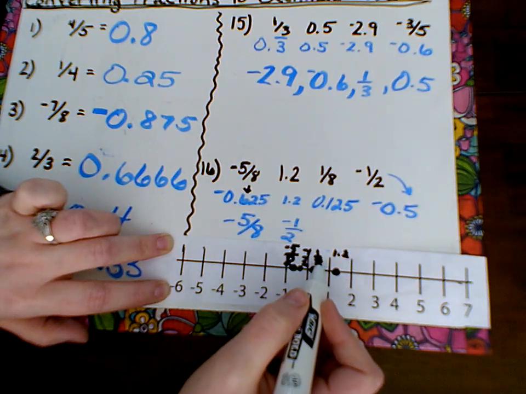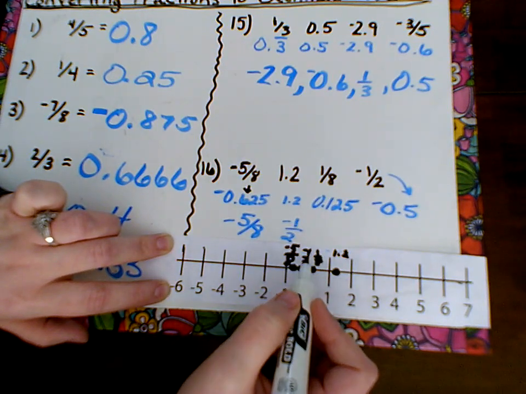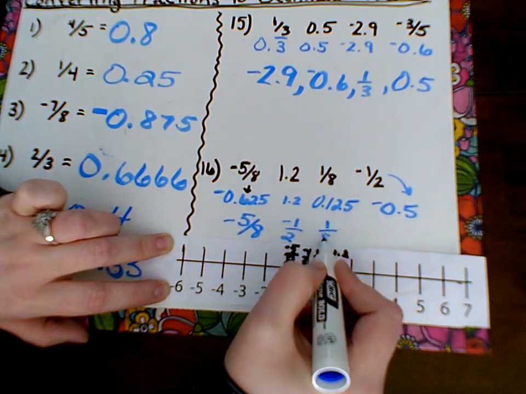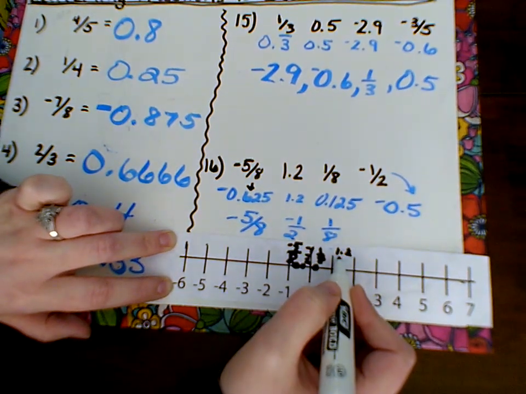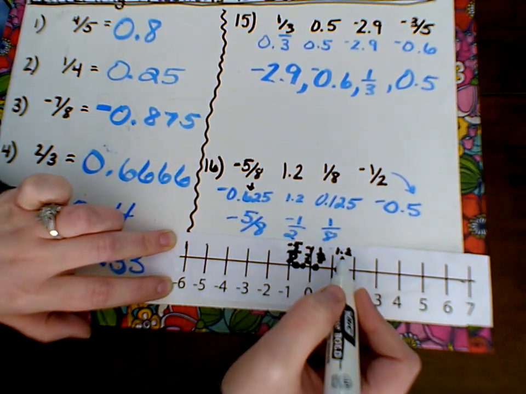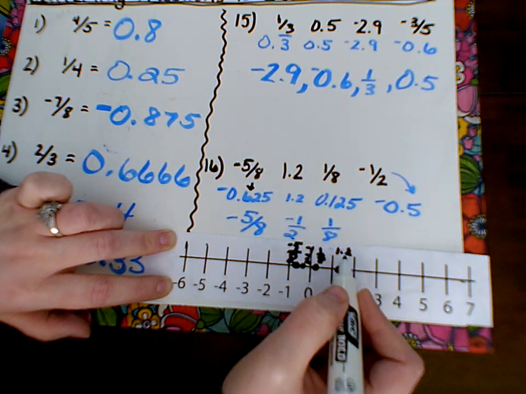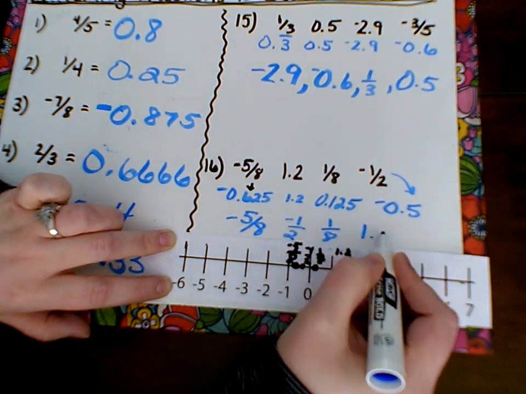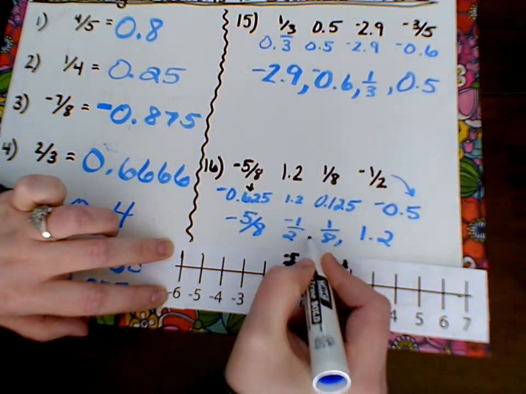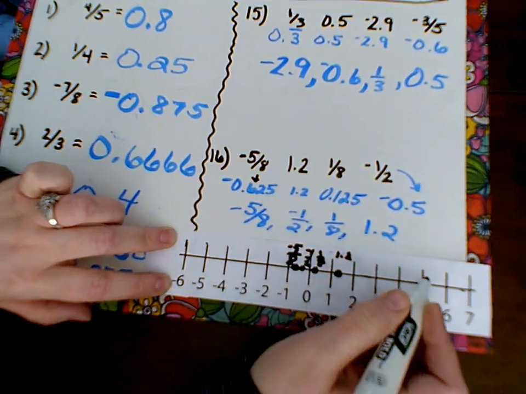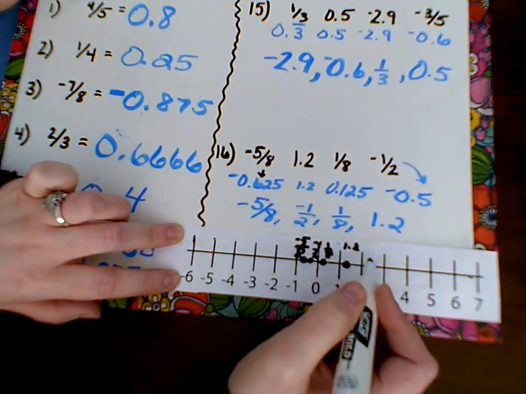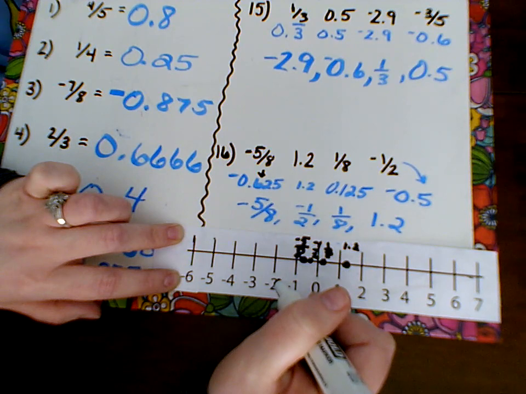Then I have positive 1/8. One moment. Then I have 1.2. I couldn't quite read my own writing. Okay, so I have now written them from least to greatest, or left to right on my number line.